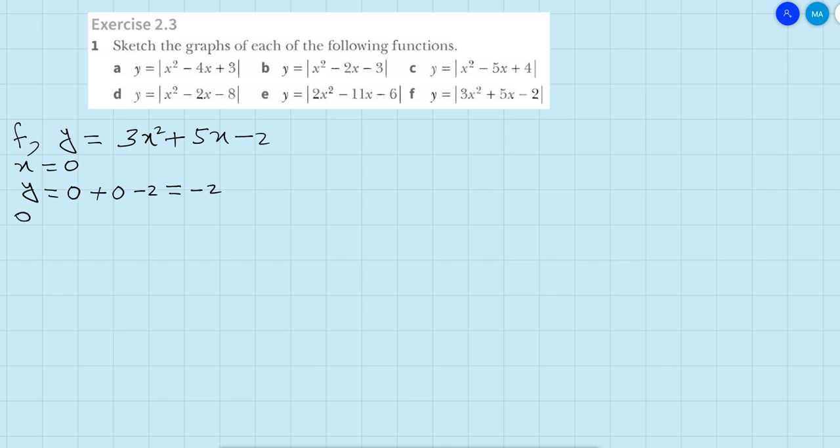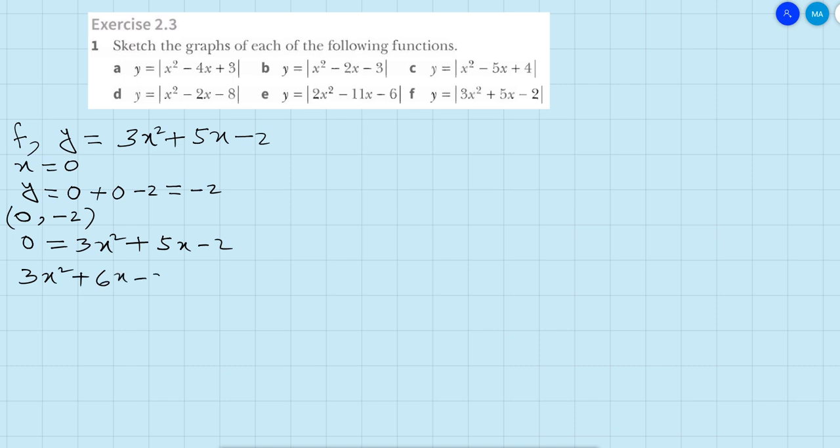So the first point is 0 and minus 2. Now we have to put y is 0.